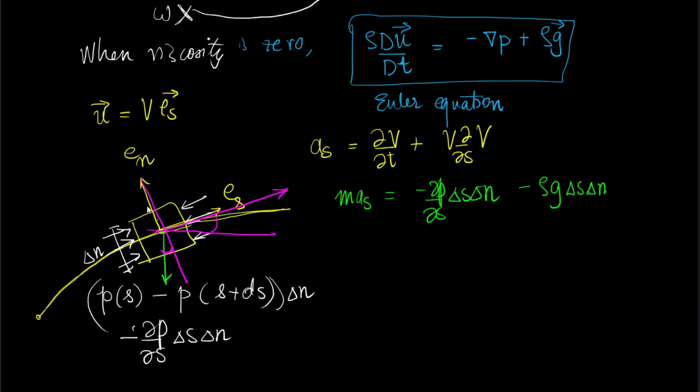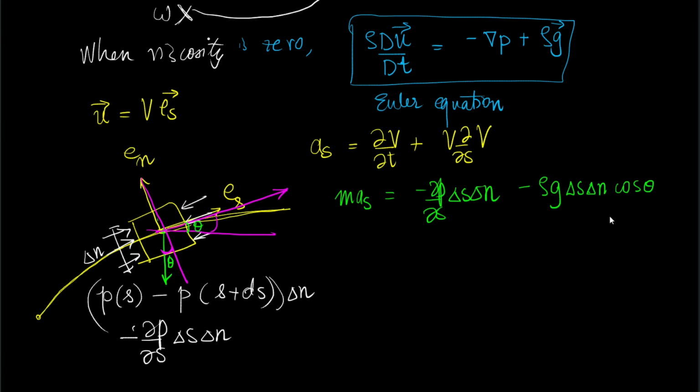If this angle is theta, then this angle is also theta. So delta S times cos theta.